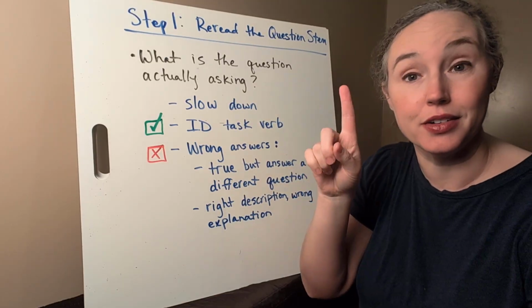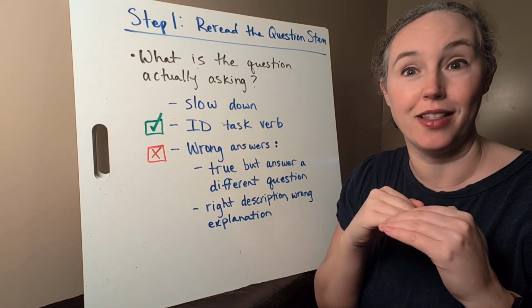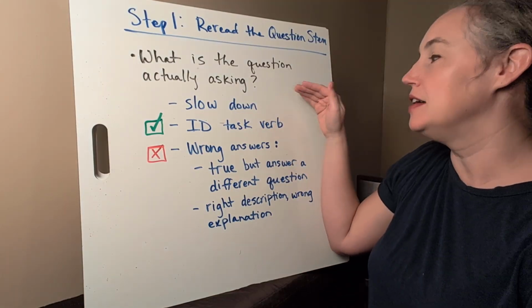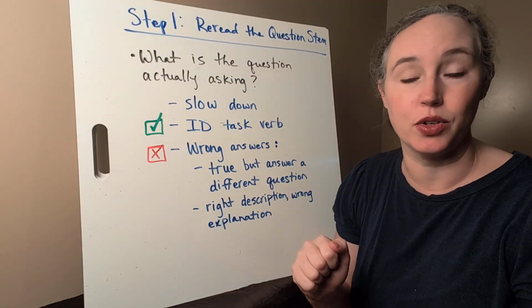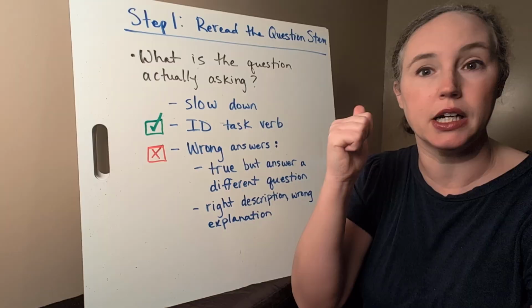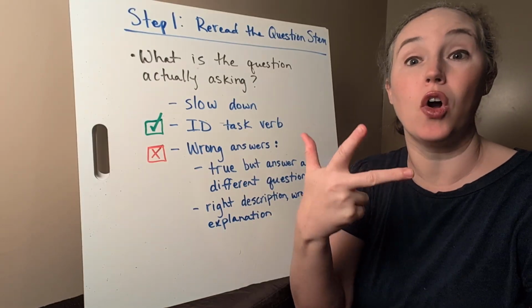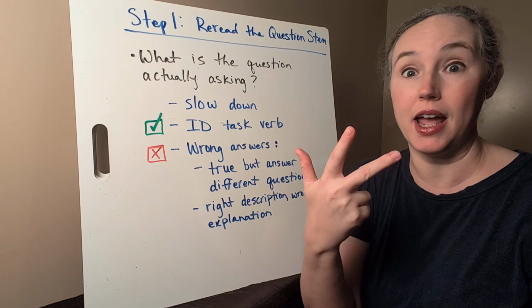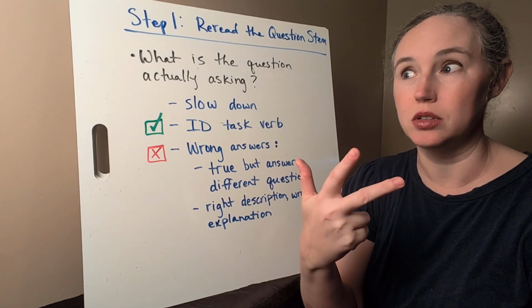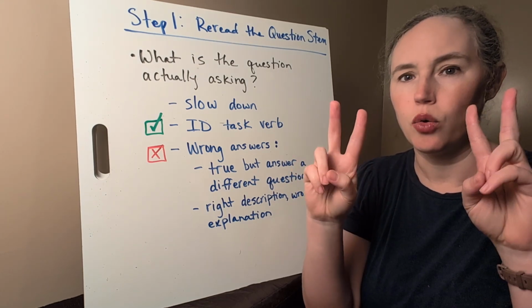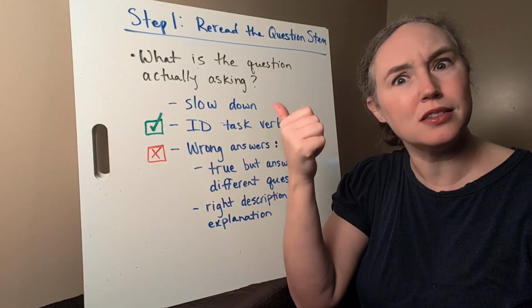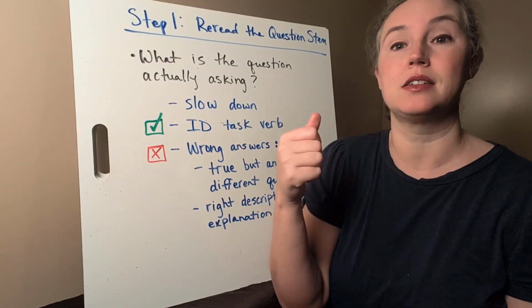Slow down. Identify your task verbs. Is it asking you to predict, to justify, to explain? These are all different things, and AP Bio likes to give you a right answer, but not to the question that's being asked.